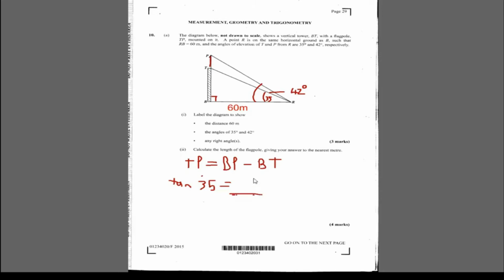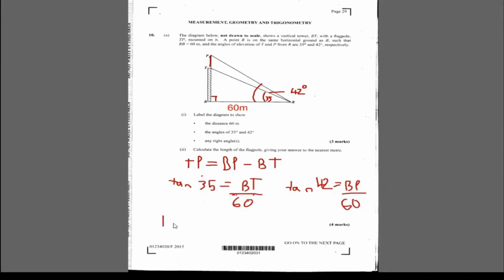That's tan 35. And also, the tan of 42 is going to be equal to BP over 60. So that means we know the length of TP clearly.